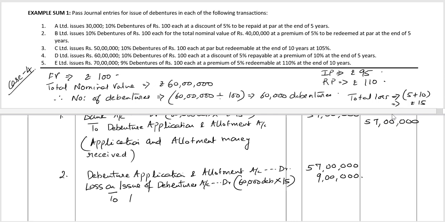To 10% debentures account, the face value of the debenture, 60,000 debentures multiplied by face value of rupees 100 per debenture, comes up to 60 lakh rupees.